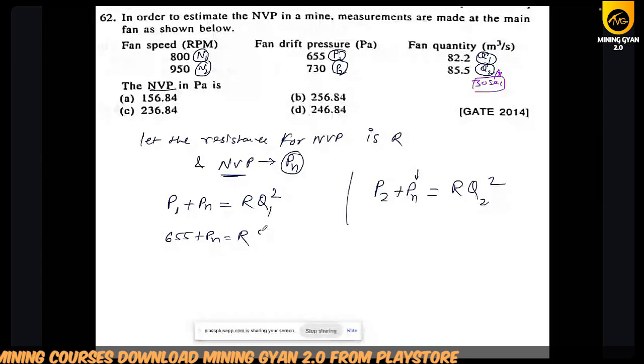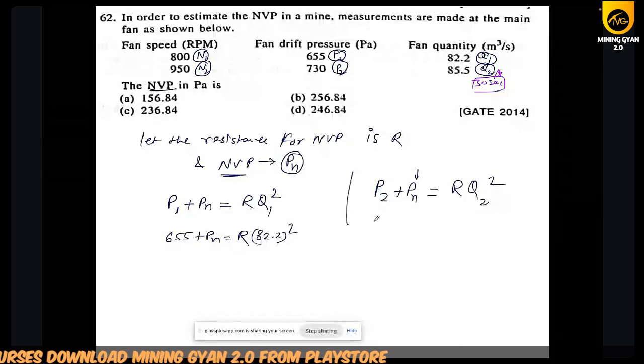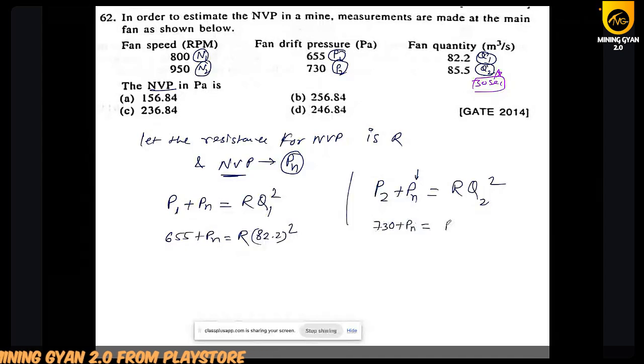And in this case P2 is 730 plus PN equal to R, Q2 is 85.5 square.